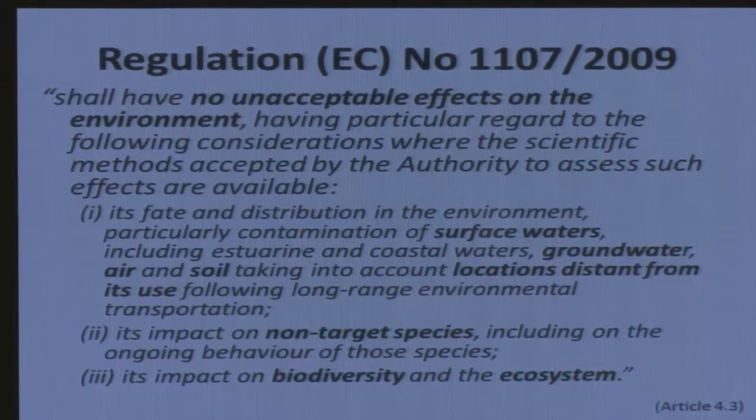It means surface waters, groundwaters, air, soil. Not only at the point of use of those products, but also at locations distances away from its use. It also defines which ecological components the statement of no unacceptable effects refers to. Non-target species, biodiversity, ecosystems.